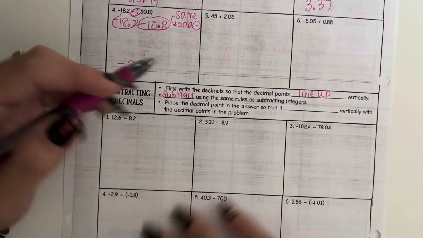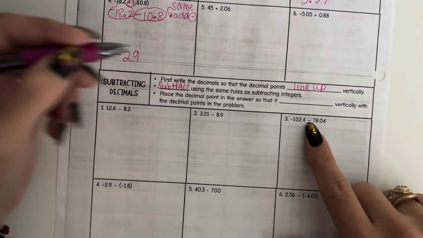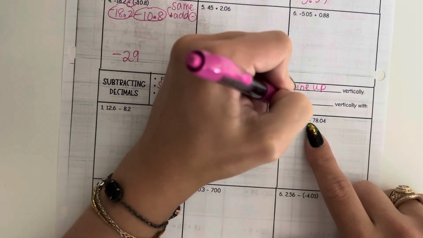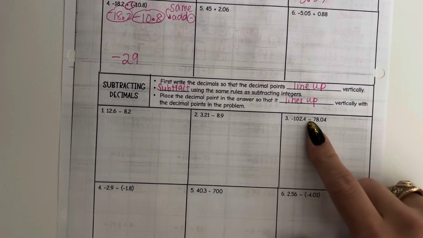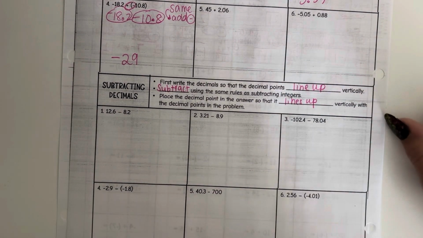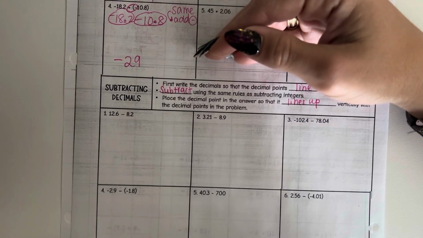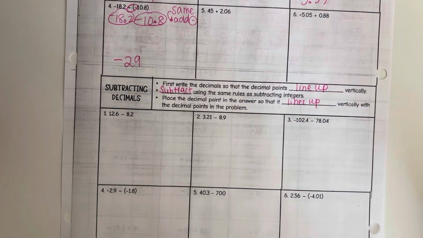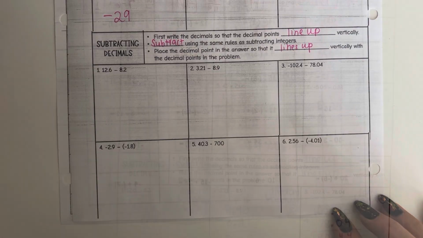Adding and subtracting, we're following the same rules. Then place the decimal point in the answer so that it lines up vertically. Okay. Again, it is exactly the same as what we did up here, so you should be totally fine doing those. We'll check back after you finished so you can check your answer.